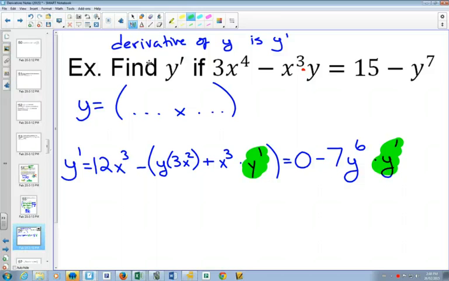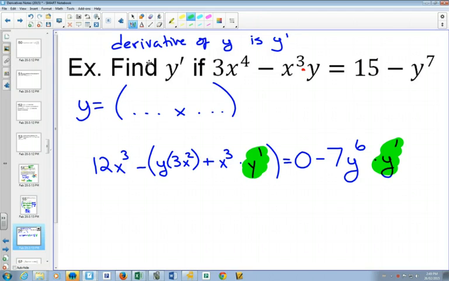If I can get all my terms that have a y prime on one side of my equation and everything else on the other side, then I'll be able to factor that y prime out to just get one of them and divide to solve. I should not have written this at the beginning. There we go. So make sure you erase that. Shouldn't have two equal signs there.